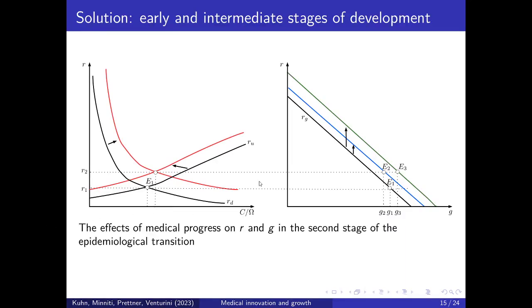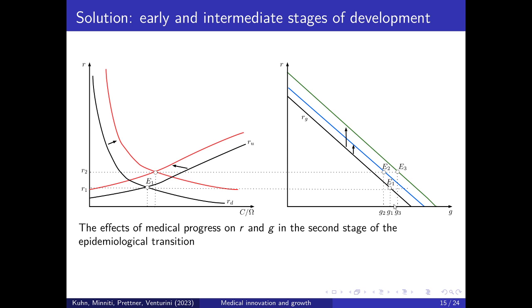Now we would argue that the reaction of the RG curve depends on the stage of development. In early stages of development, the RG curve will only shift slightly upwards because the main effect of medical progress is to reduce child mortality, and therefore the young cohorts grow fast and you have something like an inverse demographic dividend, whereby the growth rate of the economy decreases.